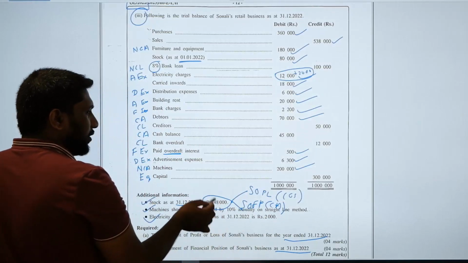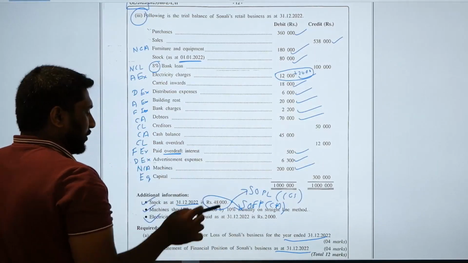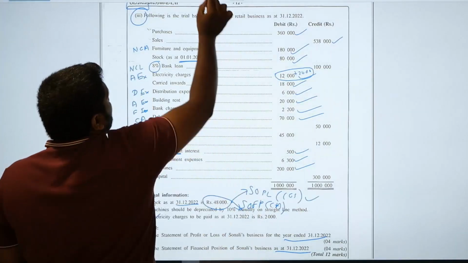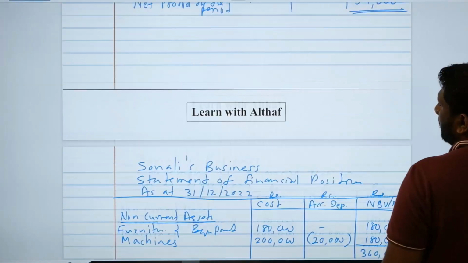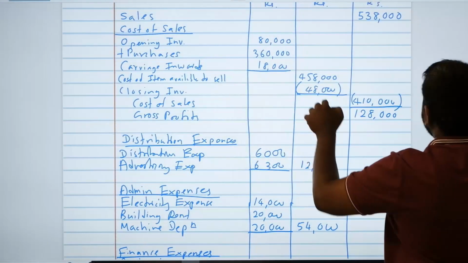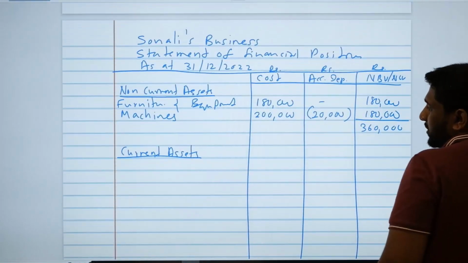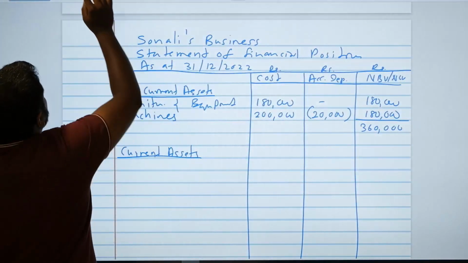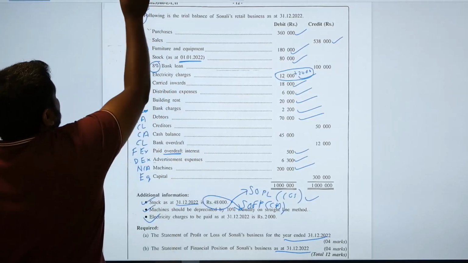So always make sure to put this arrow and do the adjustment for both. Don't forget. For the cost of sales, already we included closing inventory 48,000. Likewise, in the balance sheet also you must include. Don't forget. So how much is the value? 48,000. Closing stock.